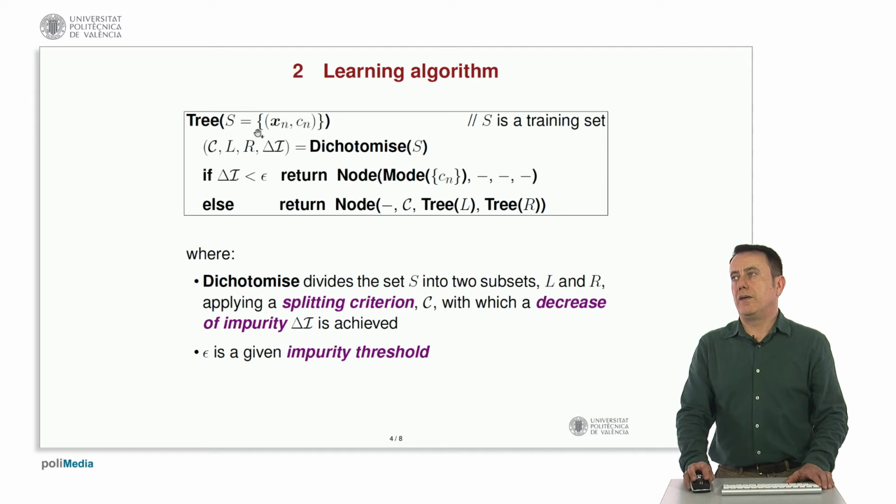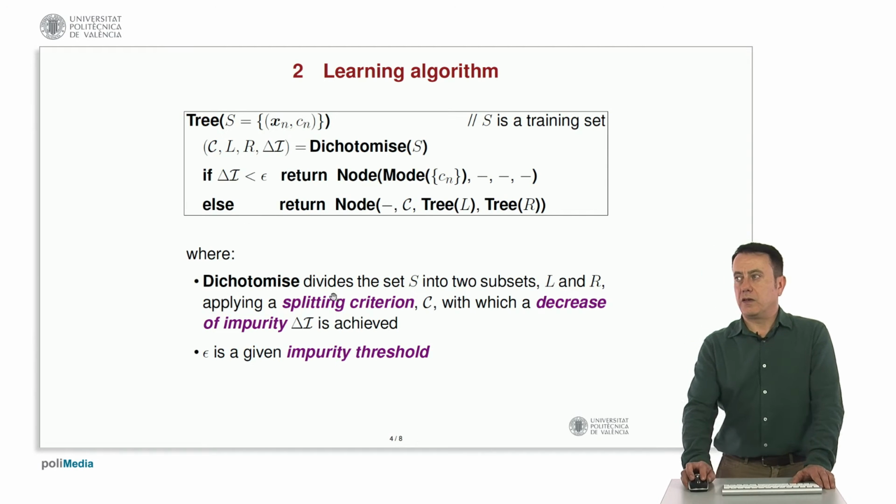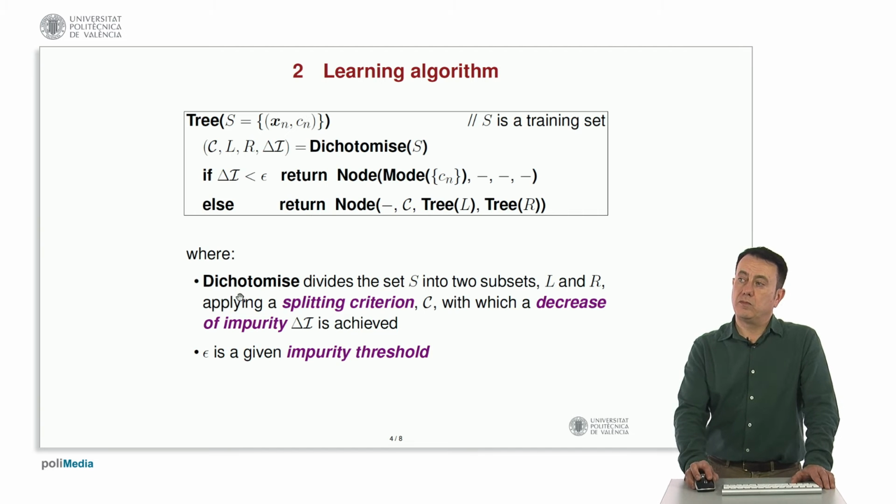We are given a set of training samples S. What we do first is dichotomize S by applying a certain criterion, dividing S in that way into a left subset and a right subset, and achieving a certain decrease of impurity delta I. Here it is well described what this function does.